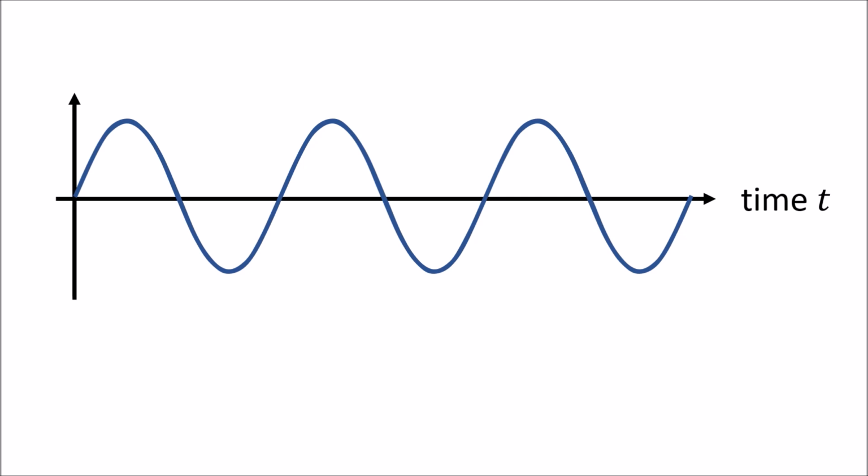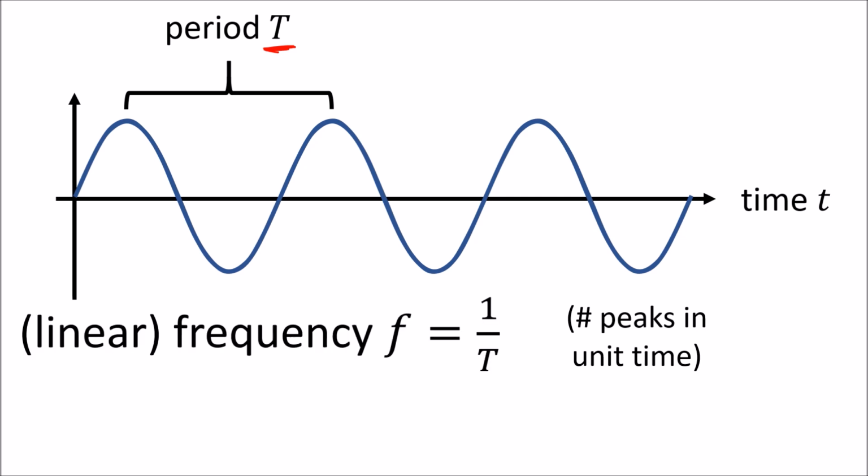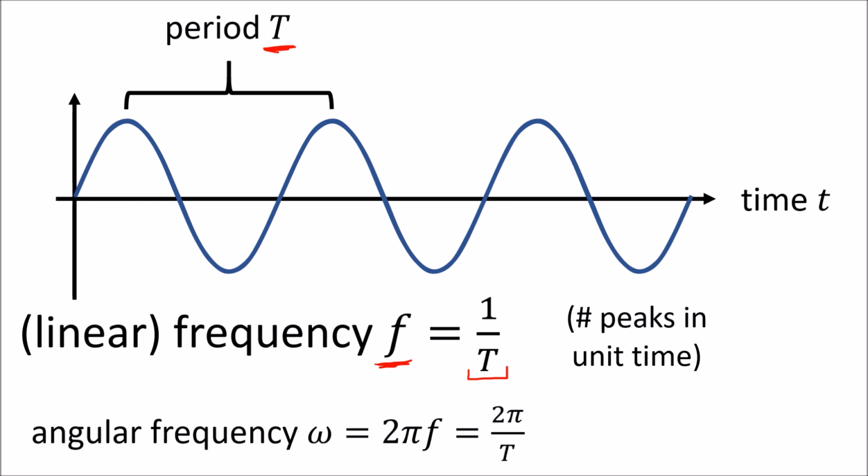The time between wave peaks at a constant position is called the period, denoted by capital T. We can also count the number of wave peaks per unit time, and we call this the linear frequency, denoted by f. And this is equal to the reciprocal of the period. There is also the angular frequency omega, which is 2 pi times the linear frequency. But again, we won't be using the angular frequency very much in this video.